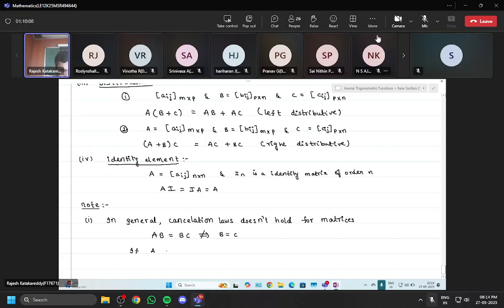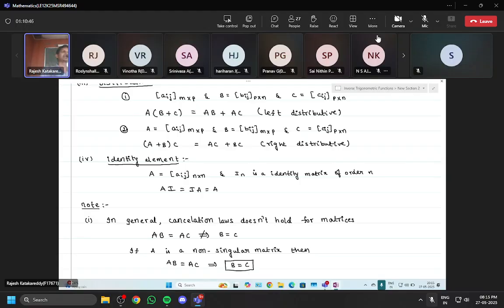If A is a non-singular matrix, then AB equals AC implies that B equals C. Under the condition that the matrix is non-singular, we multiply with the inverse on both sides and get the identity matrix on the left-hand side.